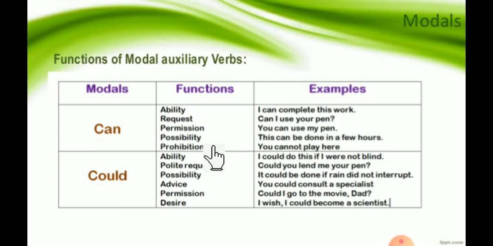Now if it is possibility, how can you write? This can be done in a few hours. So it may be taking a few hours, 2, 3, 4 hours. So there is a possibility that the particular work will be done in a particular time. Last one, prohibition.